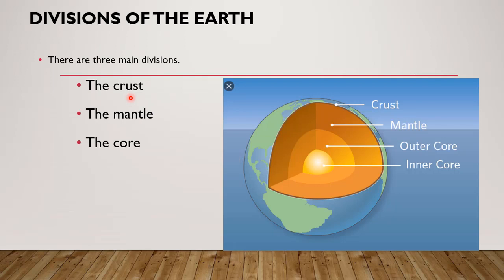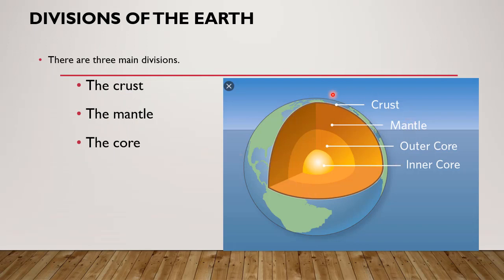Basically, the Earth has three divisions: the crust, the mantle, and the core.